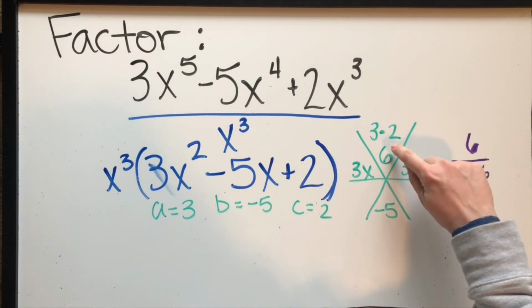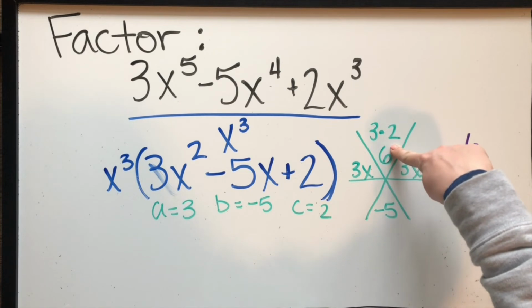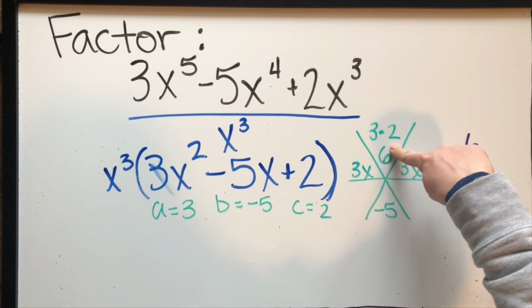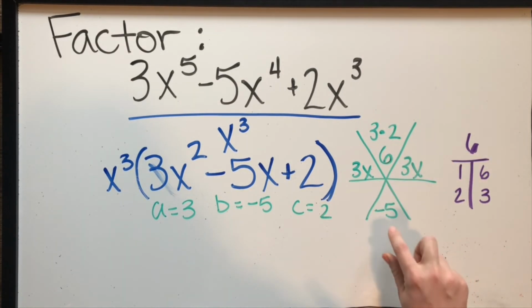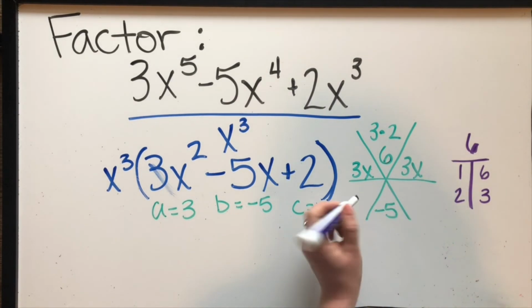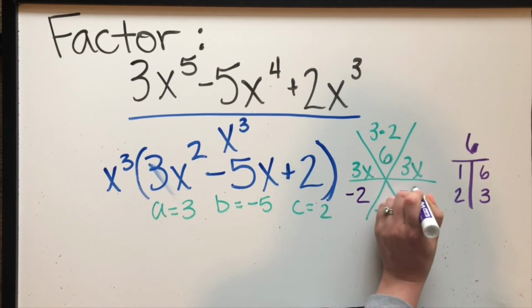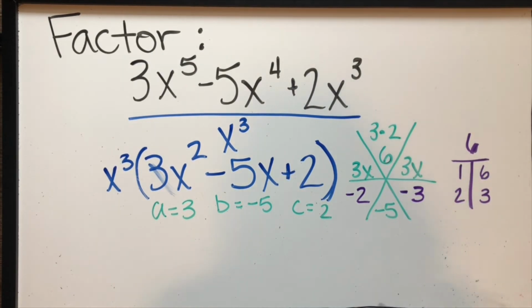So since my top number is positive 6, I know that my two numbers have to have the same sign. So they both have to be negative since there's a negative 5 on bottom. The only numbers that would work if they both have to be negative is negative 2 and negative 3. 1 and 6 would only work if I needed one negative number.